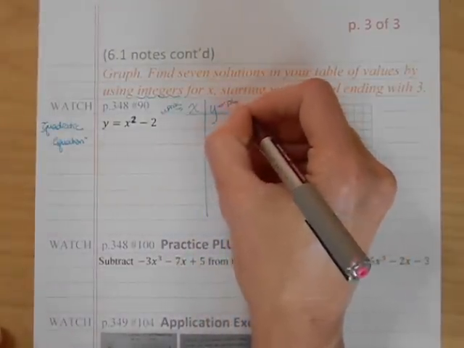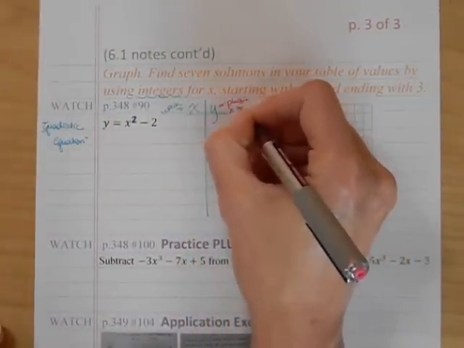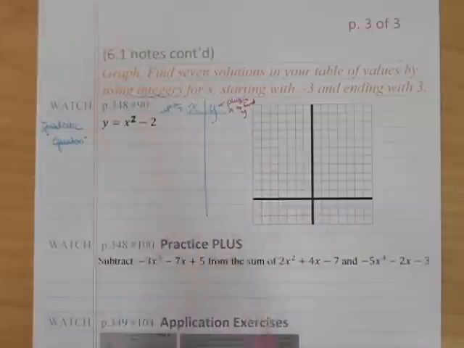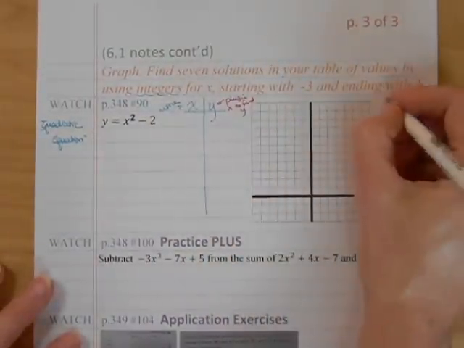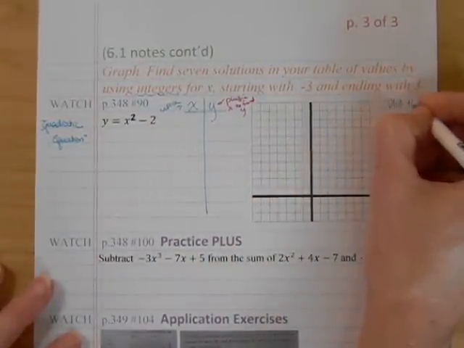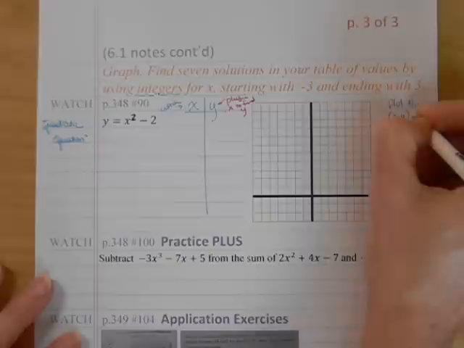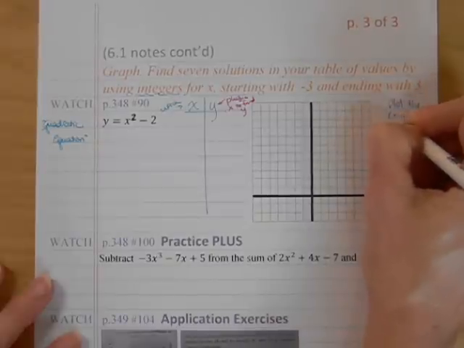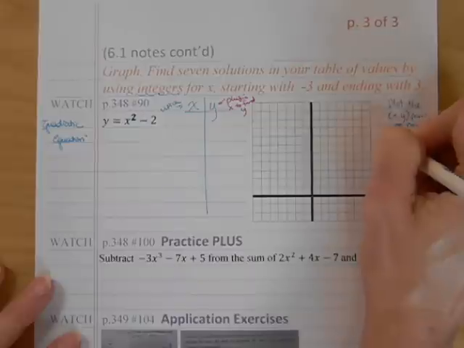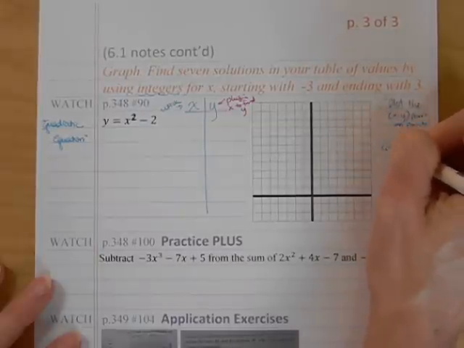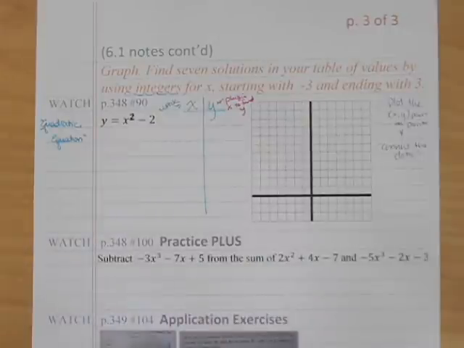So we will then plug in x to find y, and finally we will plot the xy pairs as points on the graph, and you connect the dots, basically dot to dot. And when we did that in chapter 4 in Math 60, we were working with linear equations. Everything we did created a straight line.